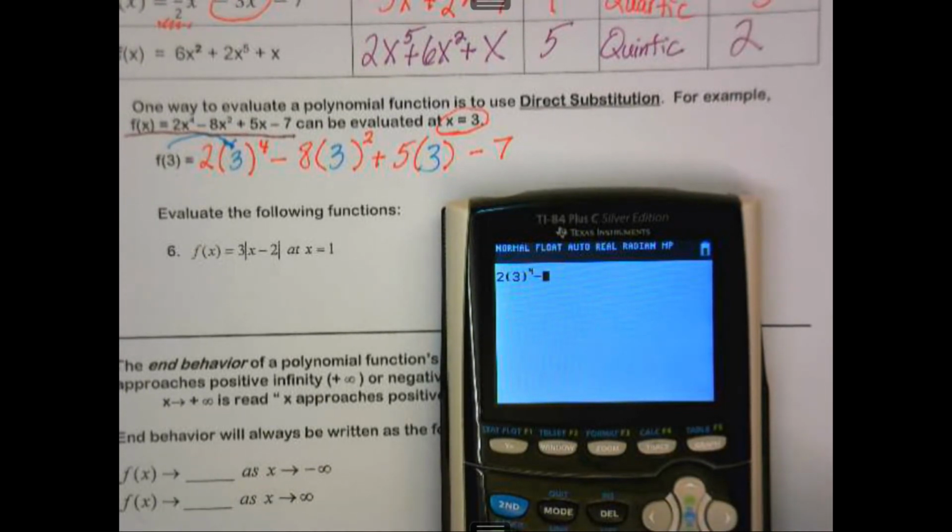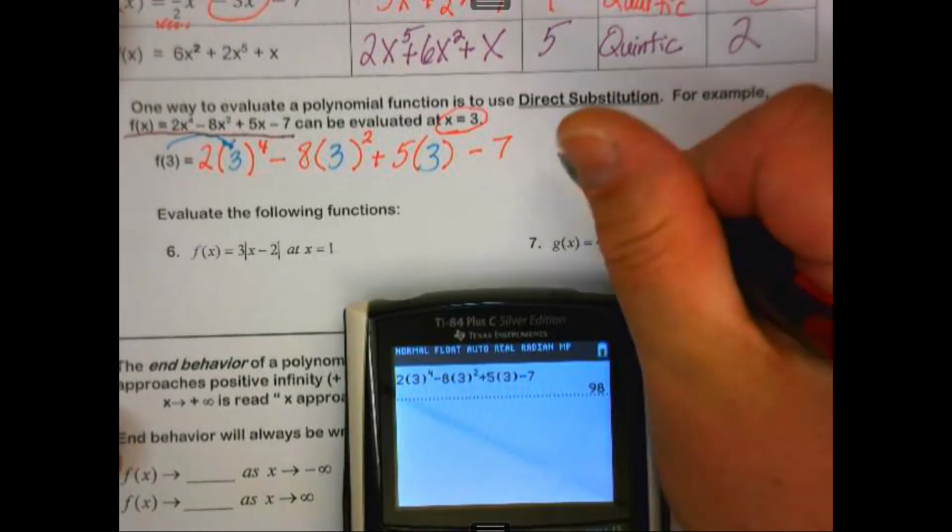Minus 8 parentheses 3 raised to the 2. Hit my arrow key to get out of the exponent. Plus 5 parentheses 3. Nothing, it's raised to the first, so I don't need it. Minus 7. Hit enter. I get 98.